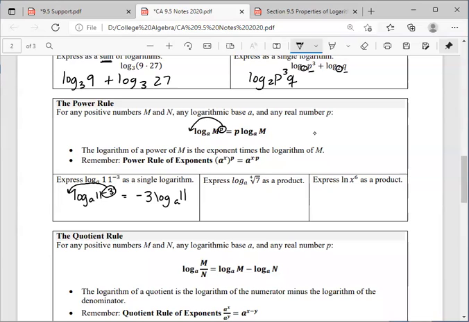That's all we're doing there. There's a property that says if you've got a log raised to a power, you can move the power in the front. That's why it's called the power rule.